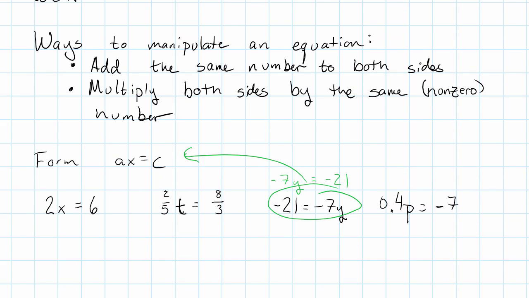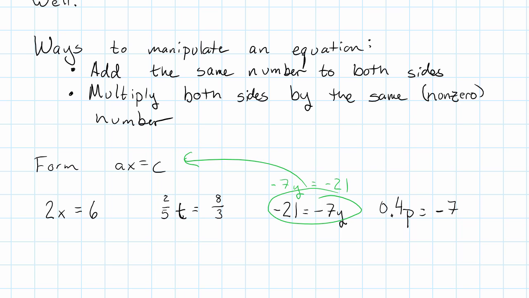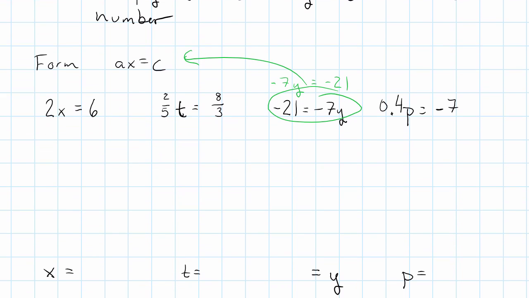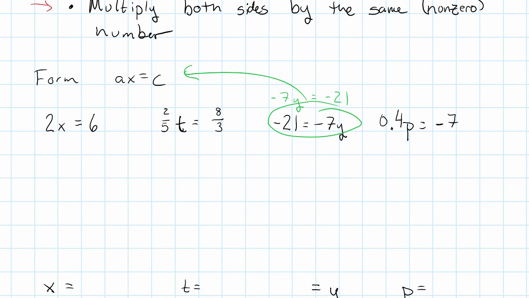So the question is, how can we accomplish this goal using one of these steps? Well, remember that just the variable by itself really means 1 times the variable. So we want to change things so that we're multiplying our variable by 1.